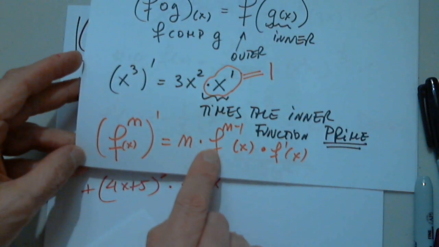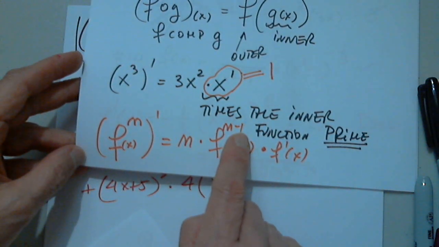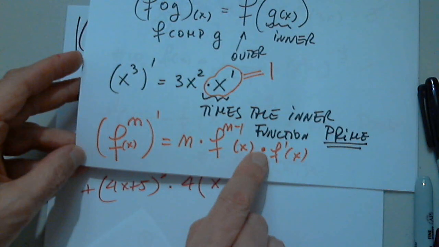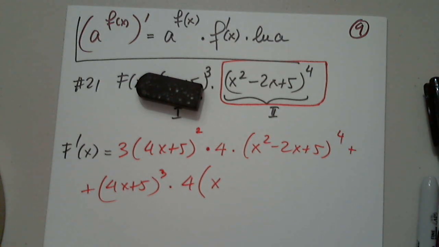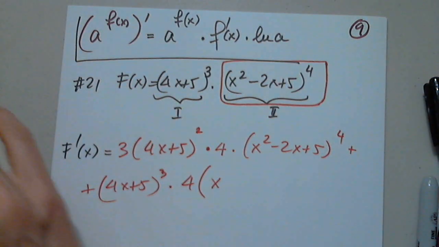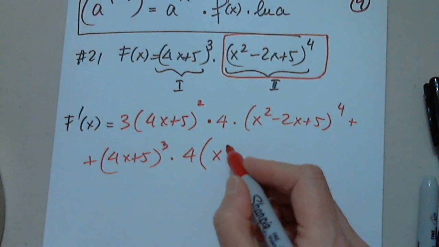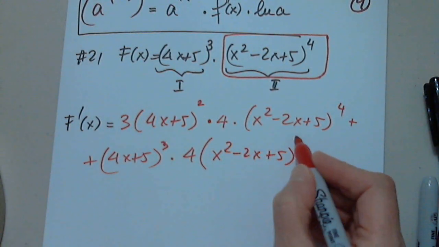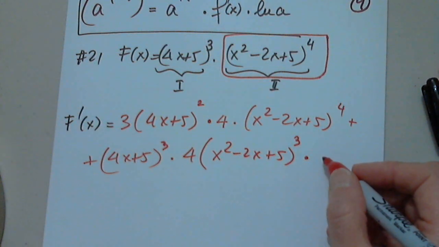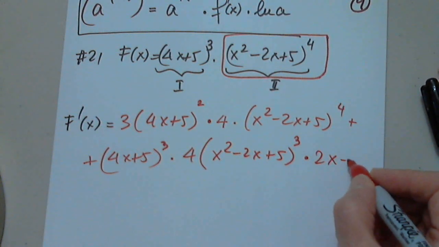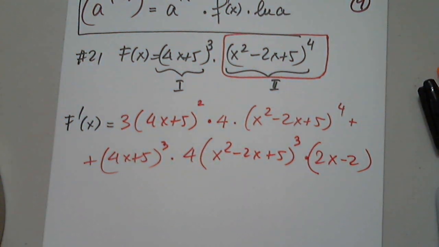N function to n minus 1 times the inner function prime. Let's try again. That's 4x squared minus 2x plus 5 to the third. The chain rule is not done. Times 2x minus 2. Yes. Now it's done.